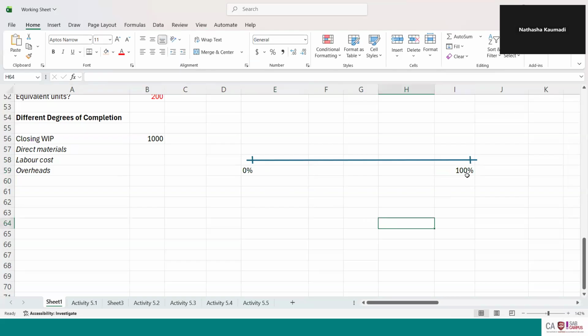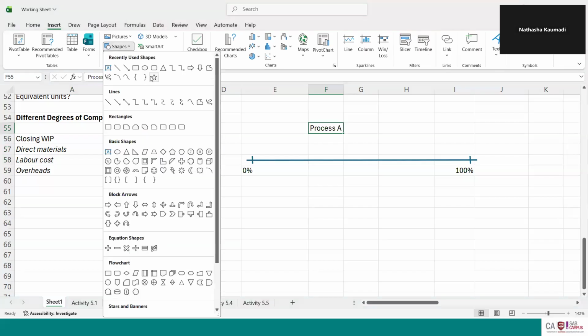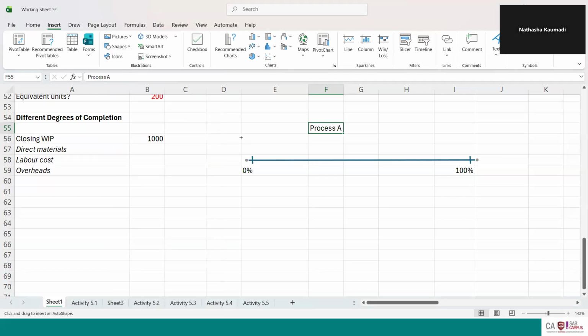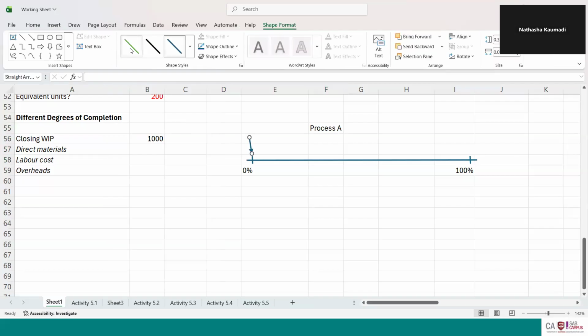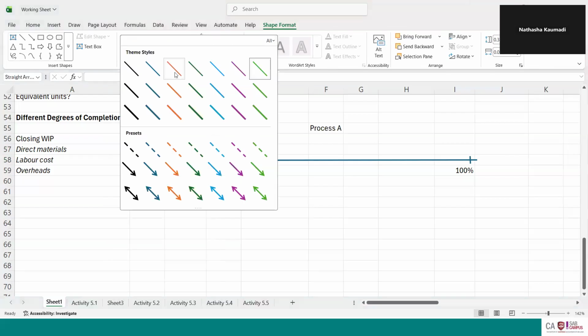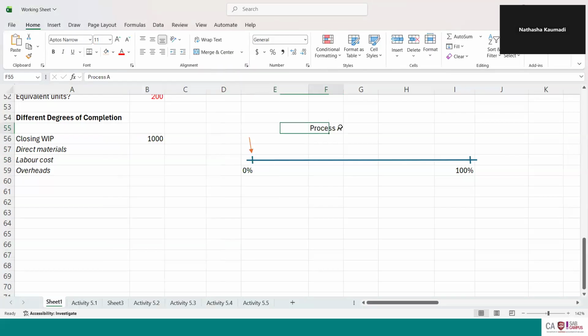If you take a timeline like this, let's say this is process A. In process A, you put all the materials required at the beginning of the period. So I'm writing, this is process A. DM means direct materials.